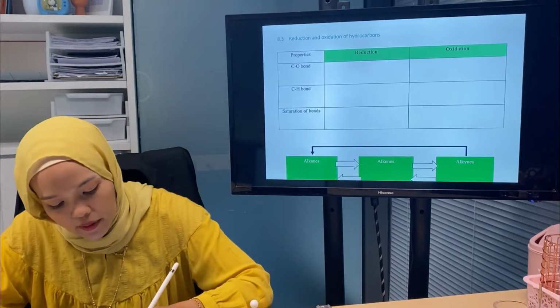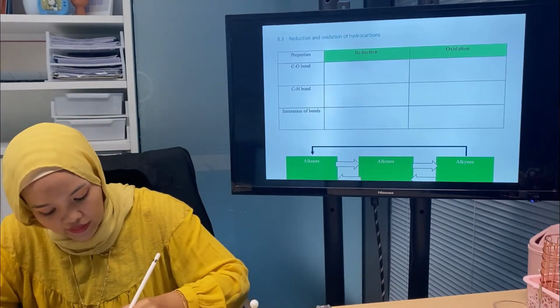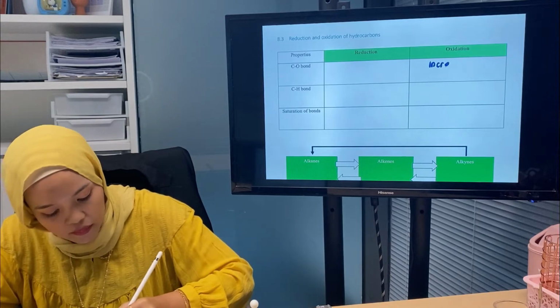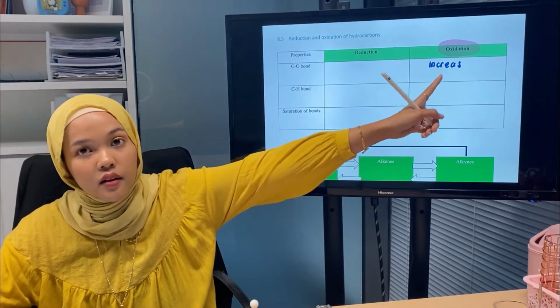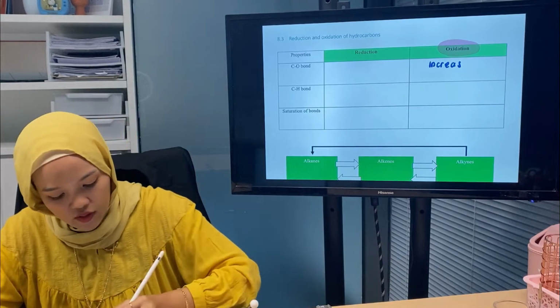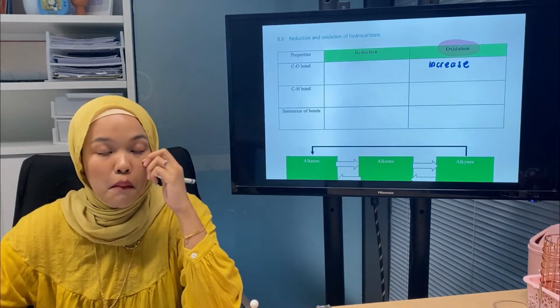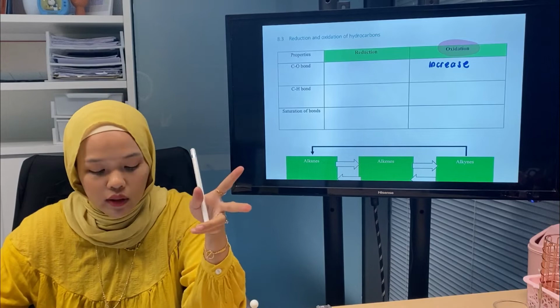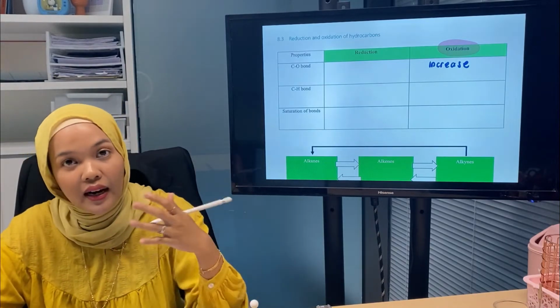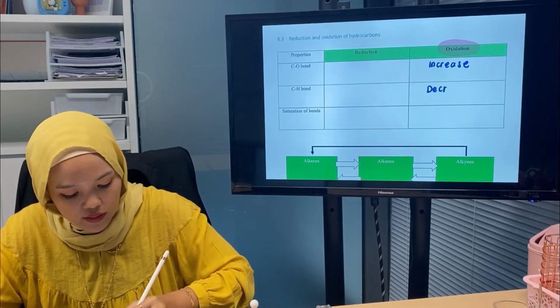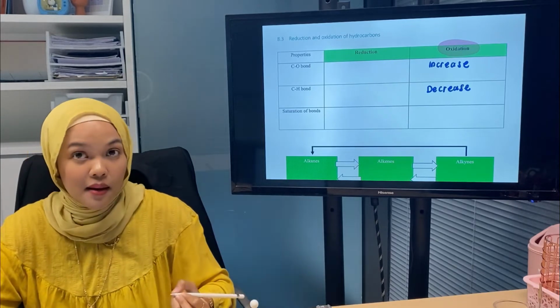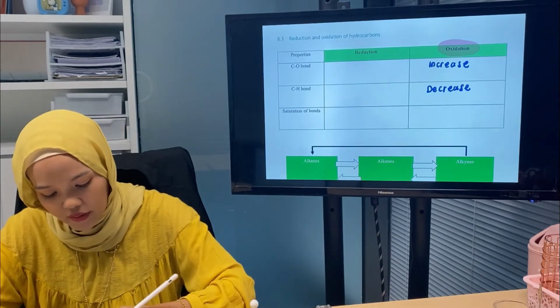Here, because we are talking about oxidation, the number of carbon-oxygen bonds will increase. Meanwhile, the number of carbon-hydrogen bonds will decrease.